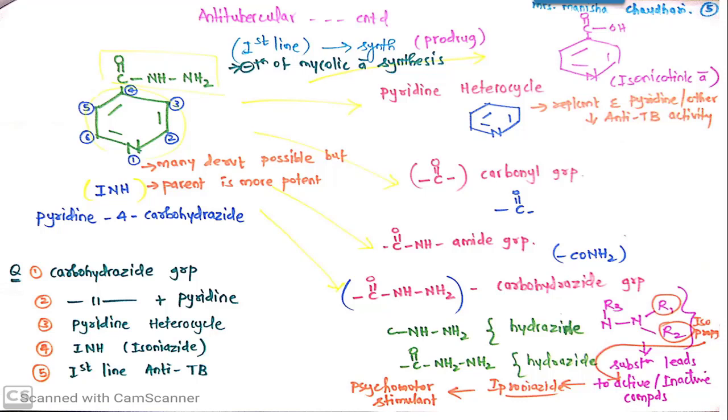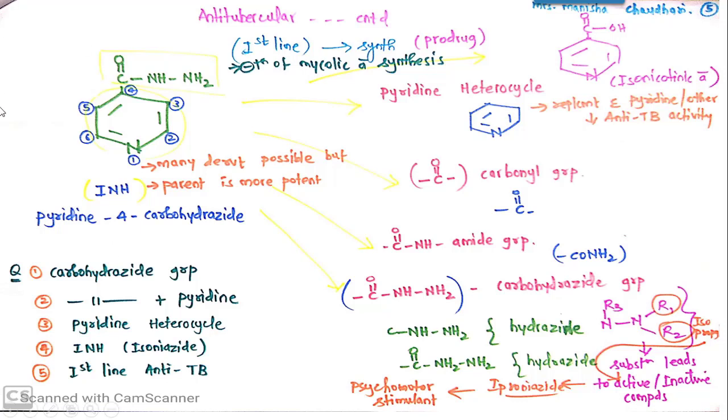And the functional group here is carbohydrazide. For common functional groups, CONH2 is an amide. You can go through our earlier videos on common functional groups. Links for both are given in the description box.